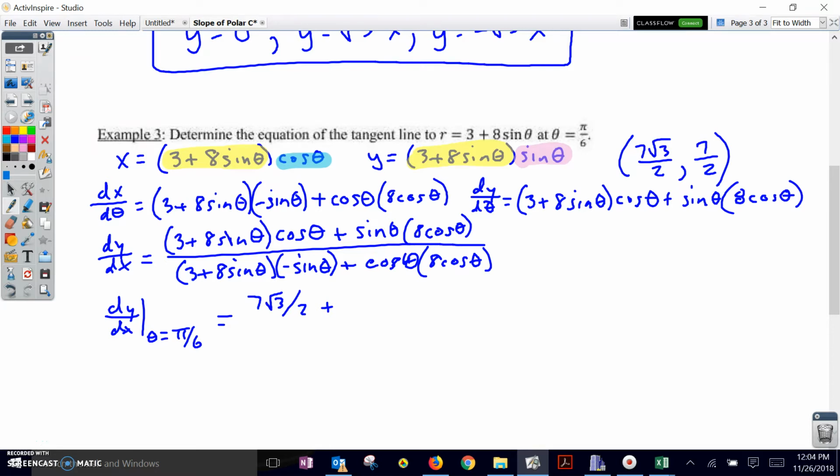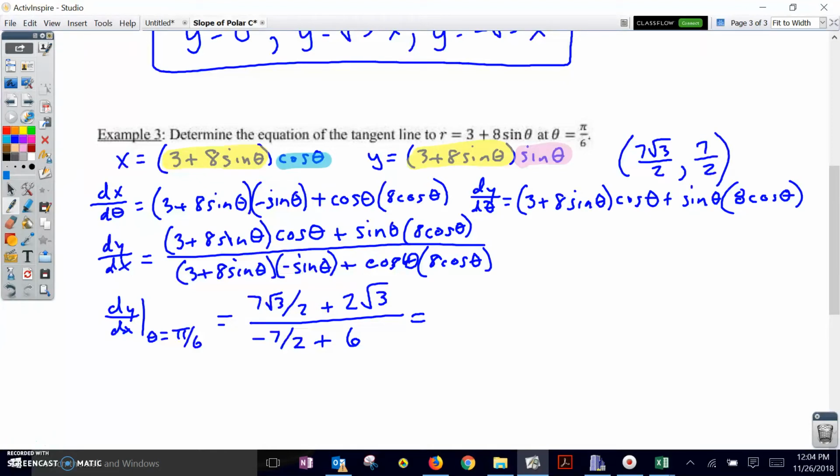So that's going to be 2 root 3, all over negative 7/2 plus cosine of pi over 6 is root 3 over 2. So 4 root 3 times root 3 over 2, that's 12 over 2, or 6.